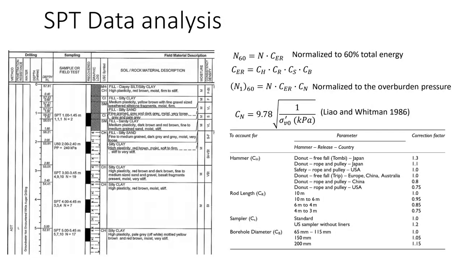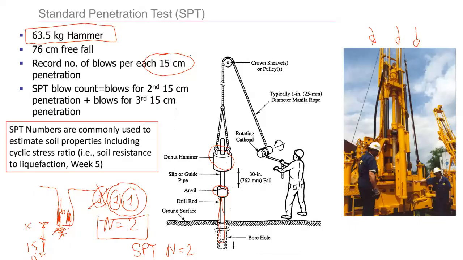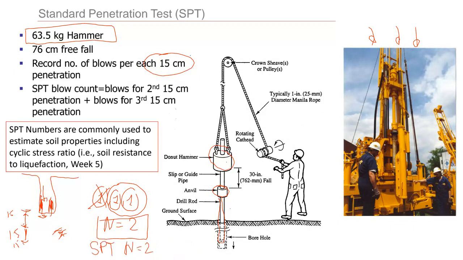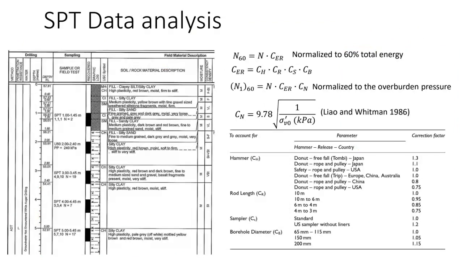So when I go back to the slides, you will see that we lift the hammer and we drop it. Unfortunately, not 100% of the energy will be transferred to the rod. From the past experience of many engineers, about 60% of the whole energy is actually transferred to the rod that will drive it into the ground.